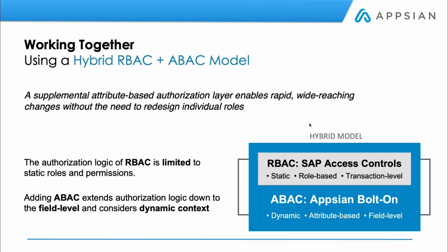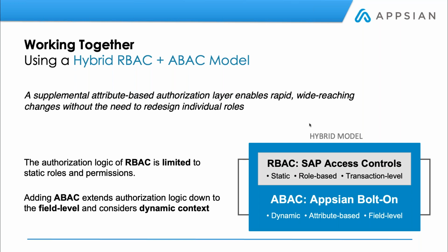So with that hybrid model, you're going to take advantage of the role-based access controls that are static, role-based, transactional level. They grant the user access to do what they need to do inside of the application. They have to have those. But what we're going to do is layer on top, through the attribute-based access controls, dynamic attribute-based and field level protection.